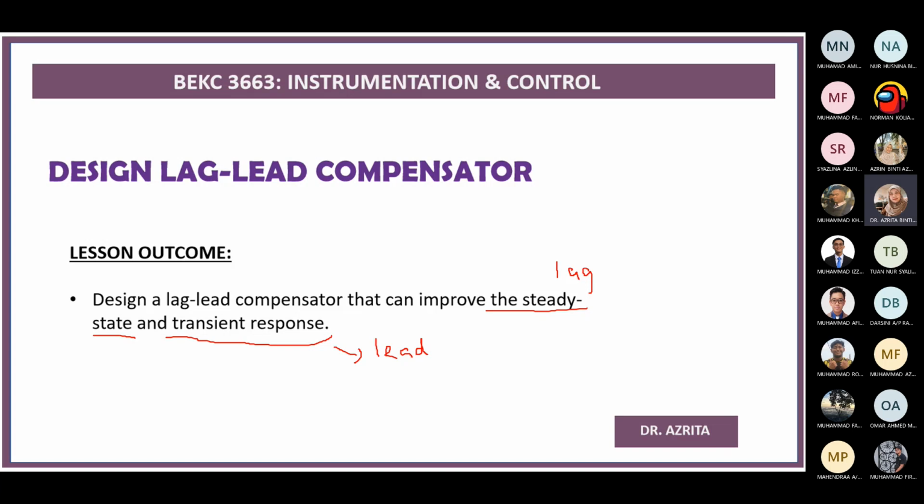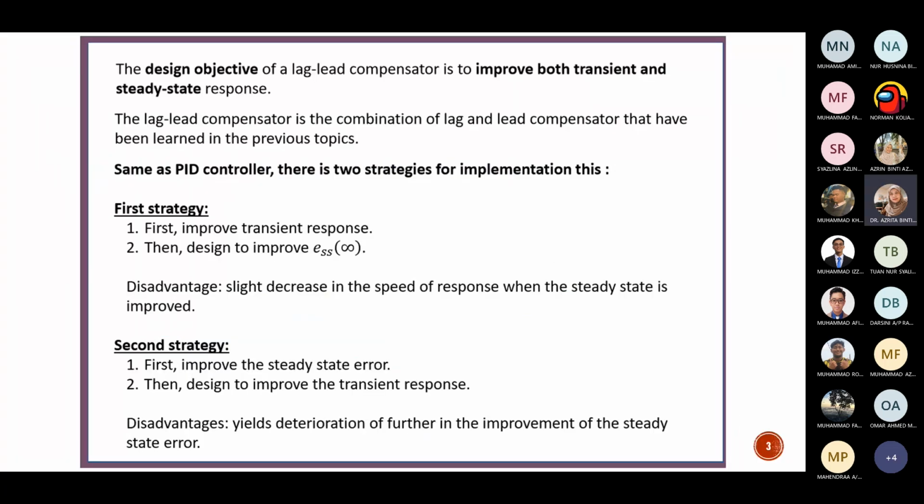So, if our design requirement needs us to improve both transient and steady state response, you need to choose the lag-lead compensator. Again, the objective of using the lag-lead compensator is to improve both transient and steady state response, same as the PID controller.